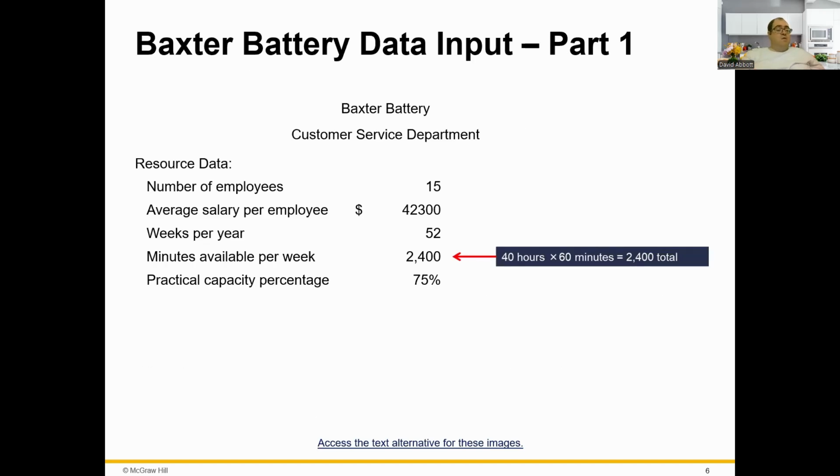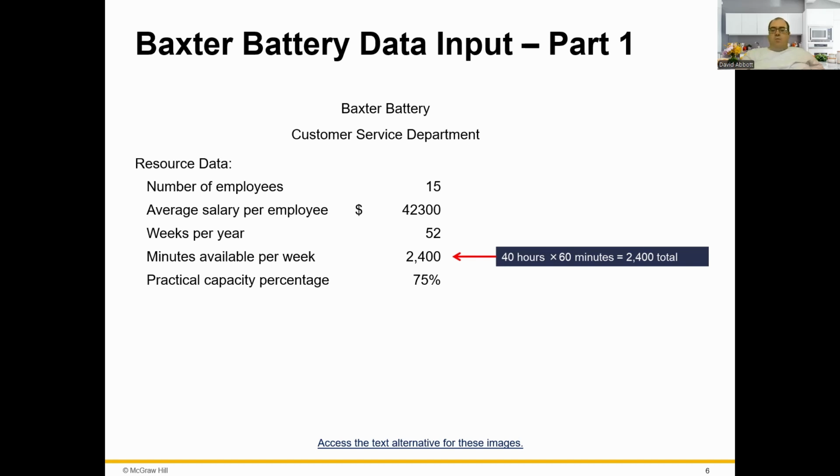So we look at the resource data, which includes the number of the employees in the department, the average salary of the employee, the number of weeks in a year, the number of minutes per week, and a practical percentage. So we see here that they have 15 employees within customer service. The average employee salary for somebody that works in customer service is $42,300.